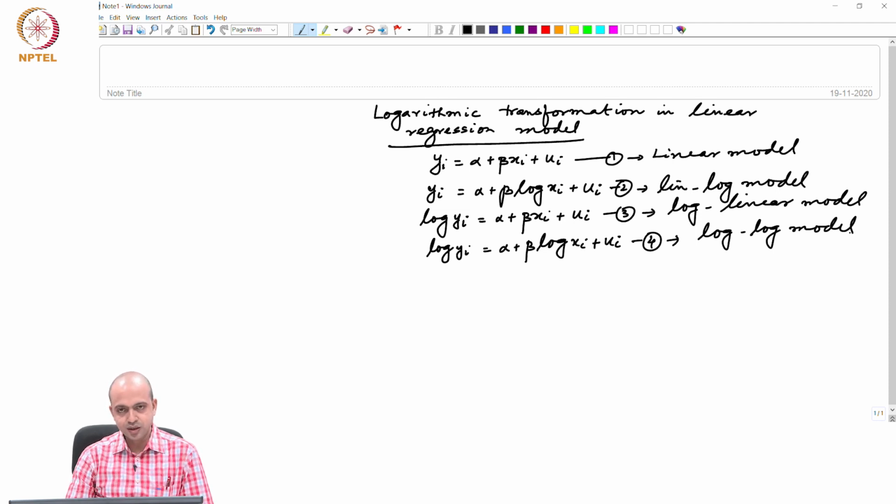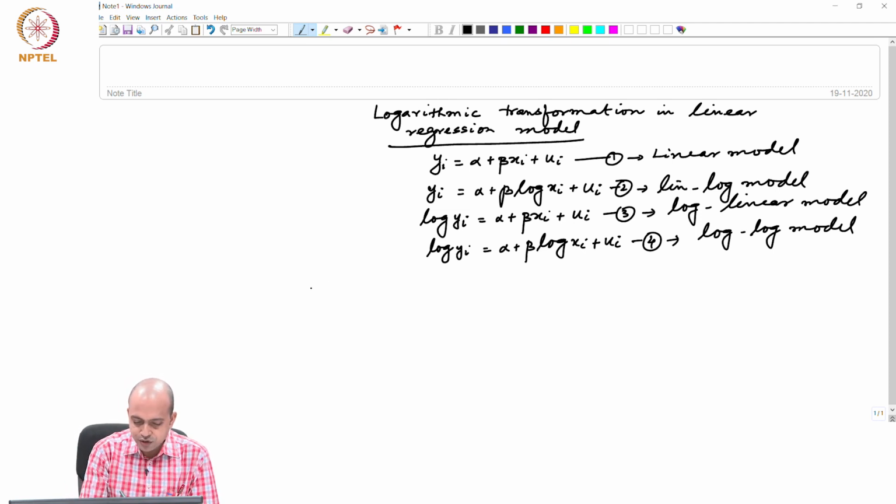And secondly, what is the interpretation of your beta hat if you estimate model 1, model 2, model 3 and model 4. The interpretation of beta hat is different in these 4 alternative models, and that is what we are going to learn.